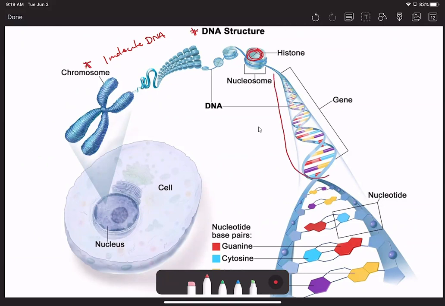And our chromosomes are just filled with different genes that have a specific job in mind, like make this particular protein, right? These are directions to make a particular protein. These are directions to build a certain type of cell, right? And all of that is involved in our DNA. And we find all of these chromosomes. So there's 46 chromosomes, each containing one molecule of DNA, all found in the nucleus.